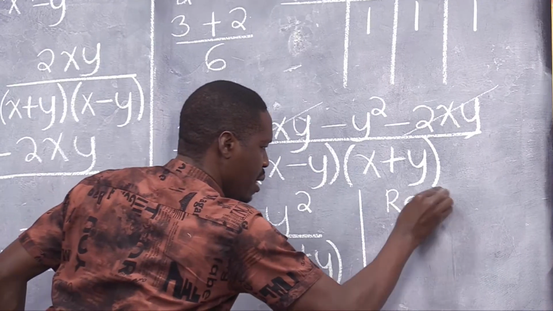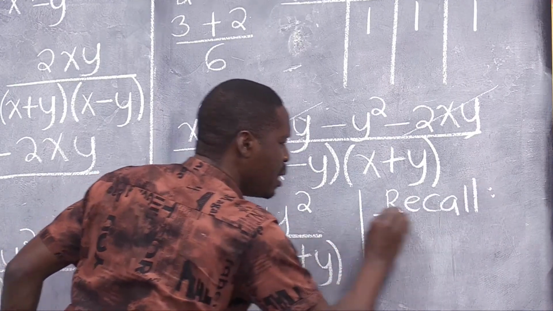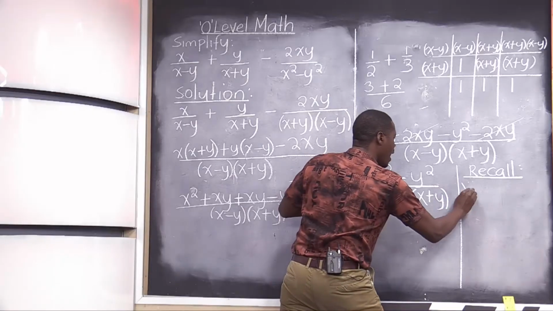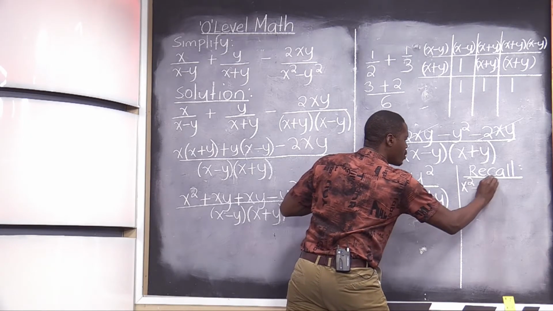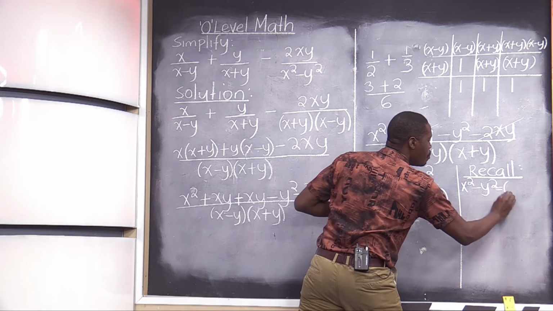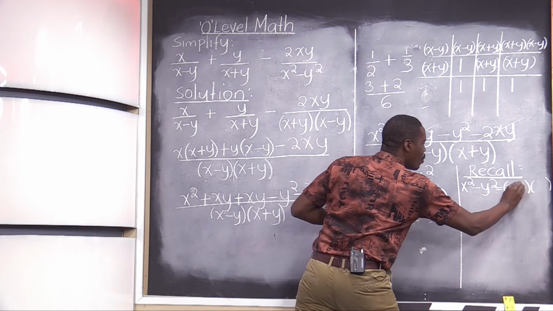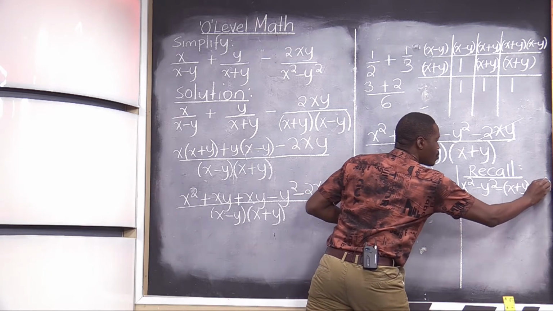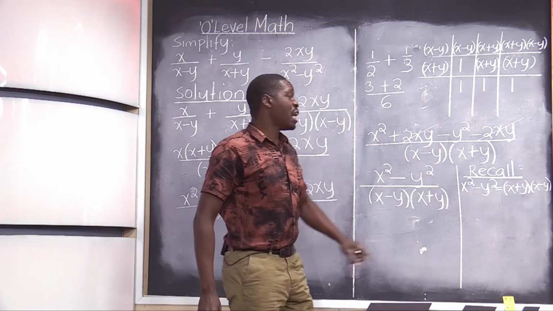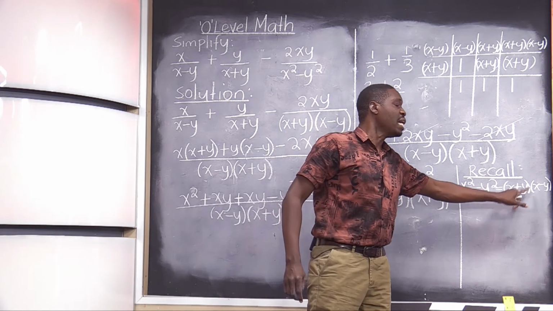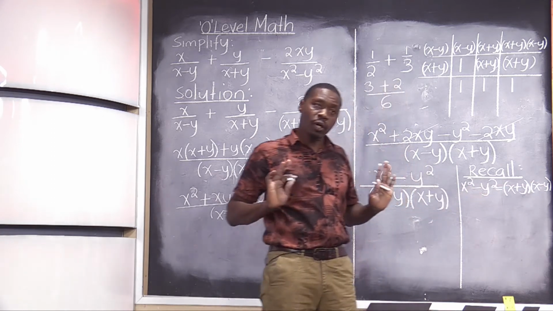Mr. Examiner, sir, we recall that where there is x squared minus y squared, this gives us 2 brackets. You remember where we had x plus y, x minus y. But I told you, you can even start with x minus y into x plus y, which is okay.